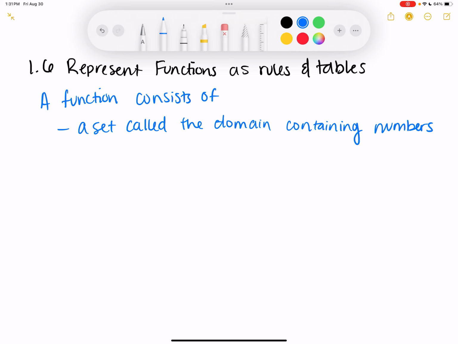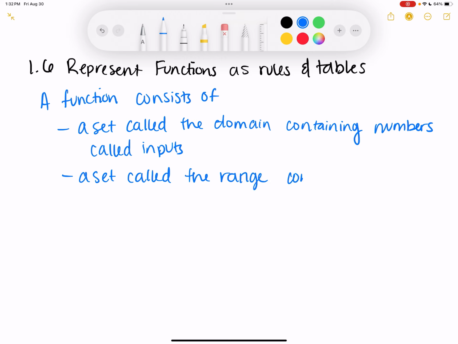Quickly. A set called the range, containing numbers called outputs.